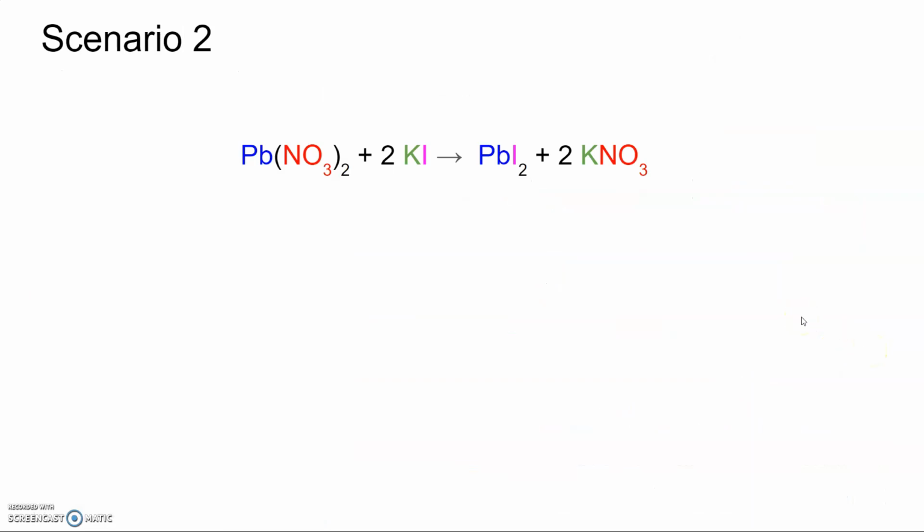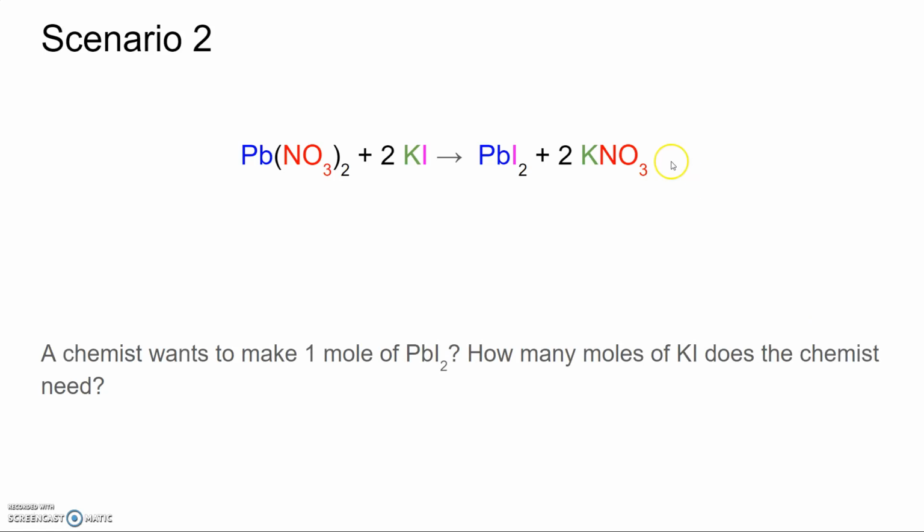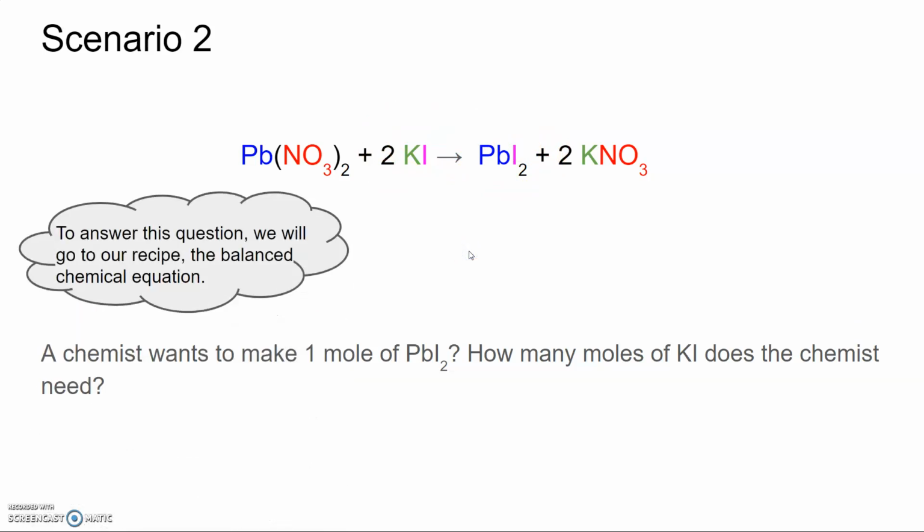Okay, now let's take a look at some scenarios that involve chemical reactions. In this scenario, a chemist wants to make 1 mole of lead iodide. How many moles of potassium iodide does the chemist need? To answer this question, we need to go to our recipe, our balanced chemical equation, and we see we're given lead iodide, and we're trying to find potassium iodide.